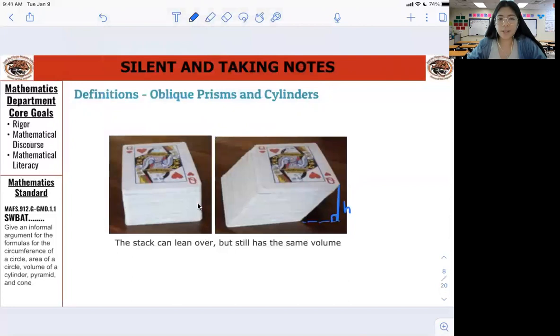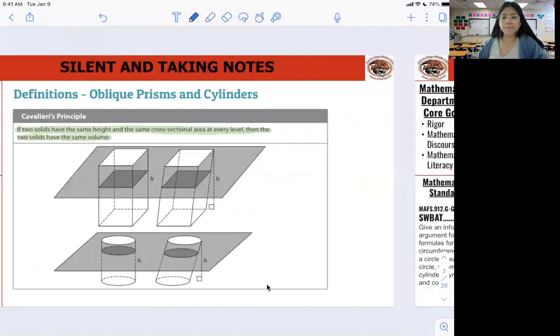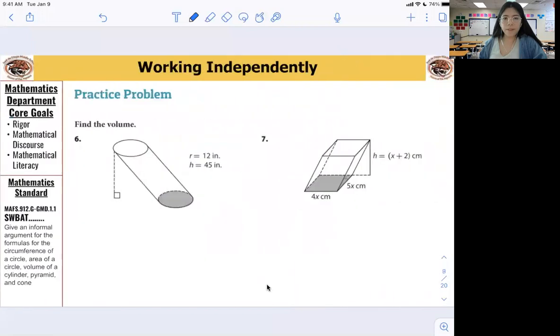So the height actually stays the same because we're not going to be using the slanted side. We're going to be using the height. And you can actually see that on this slide as well. The height has to make a 90-degree angle, has to be perpendicular. Make sense? Cool.